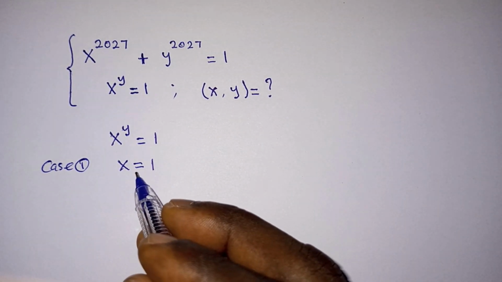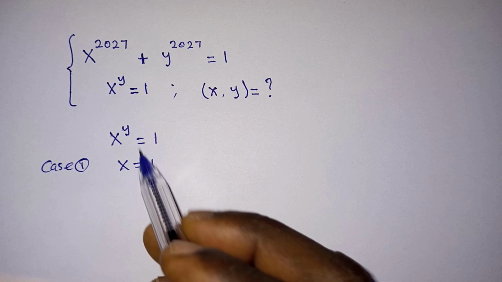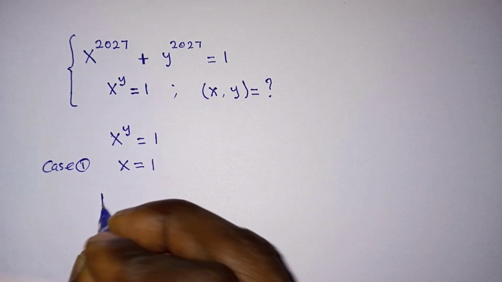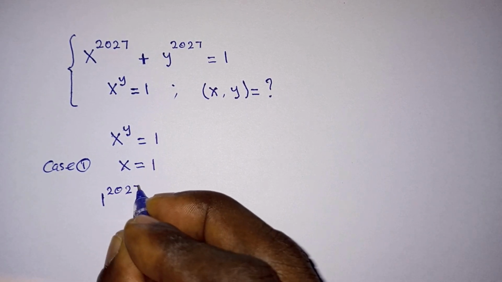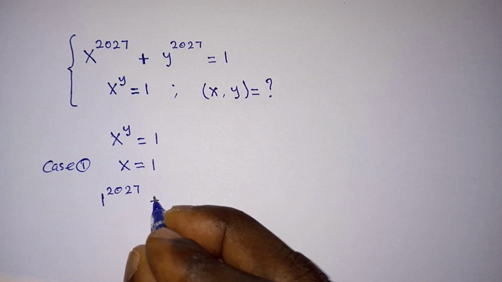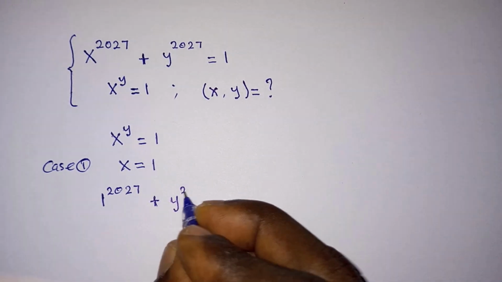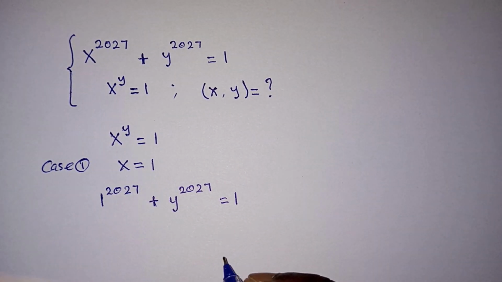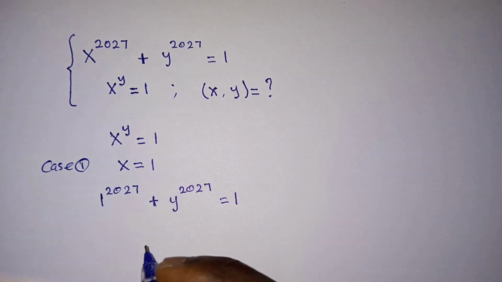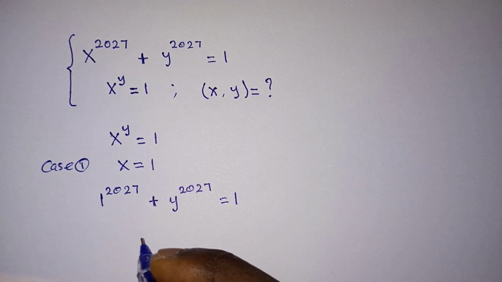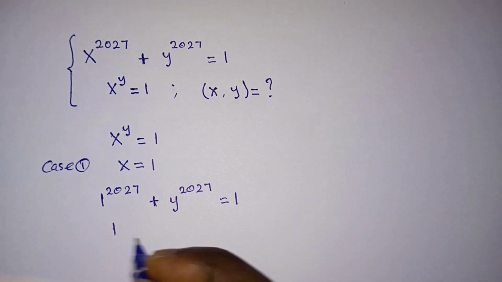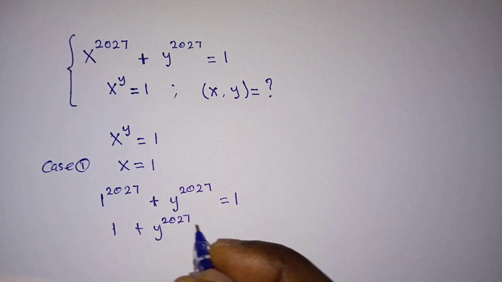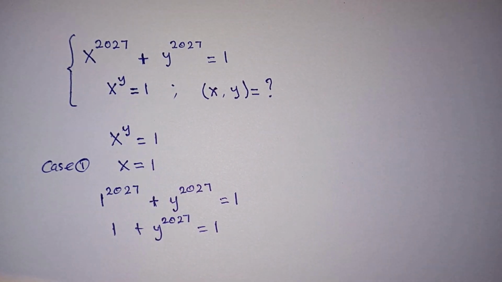So if x is equal to 1, let's put this value of x into the equation over here. So we will have 1 to the power 27 plus y to the power 27 is equal to 1. Now let's look for the value of y in this equation. 1 to the power 27 is still 1 plus y to the power 27 is equal to 1.